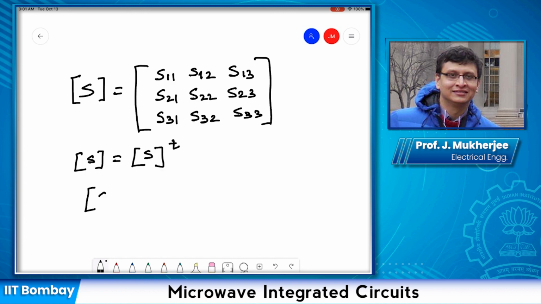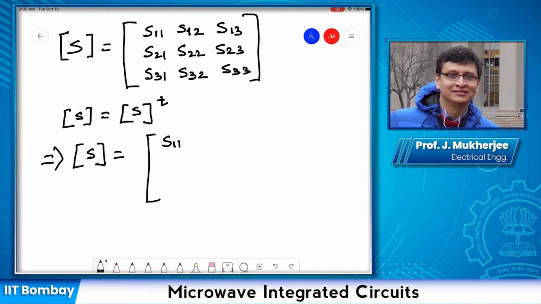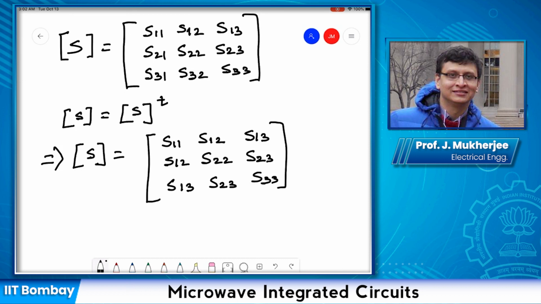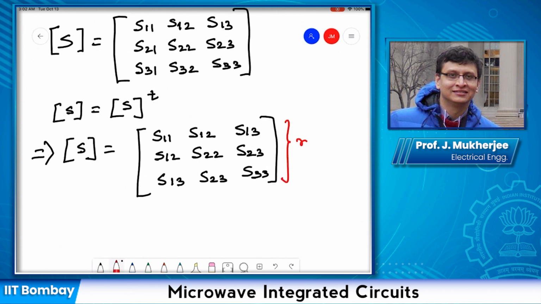So then the S parameter matrix should be like this. Okay, and this is for reciprocal.